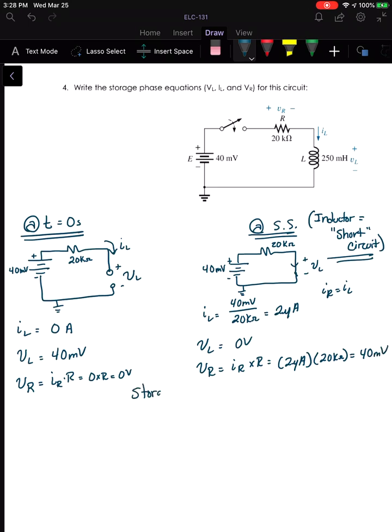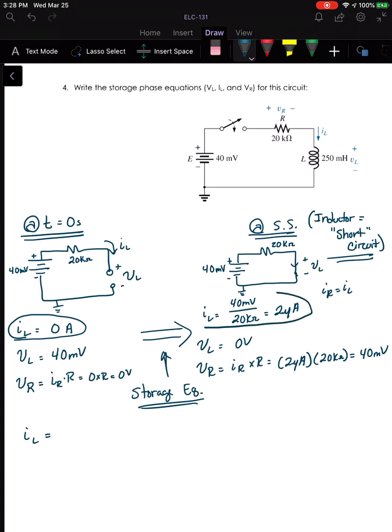So our storage equations, those are the equations that describe what happens between these 2 points, or rather just this way. Okay, that's where the storage equations come in. So for I sub L, we're looking at something that starts at 0 and climbs to 2 microamps at steady state.